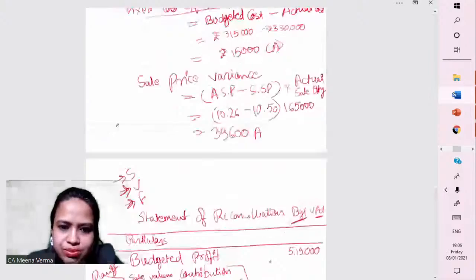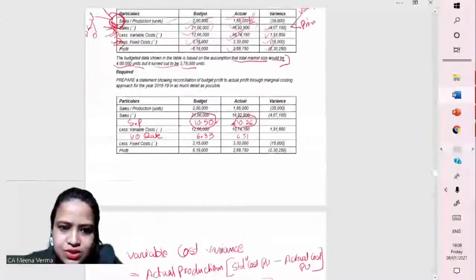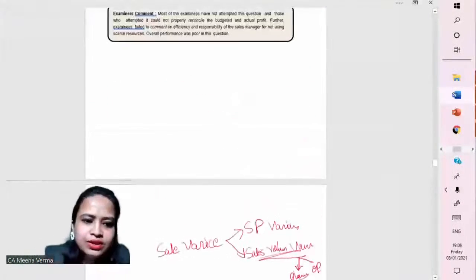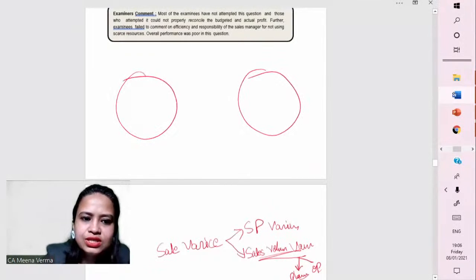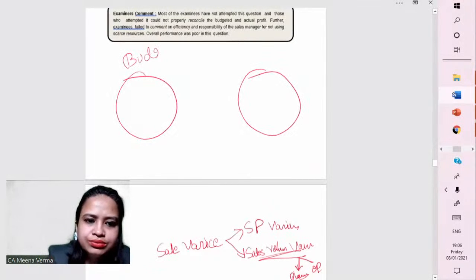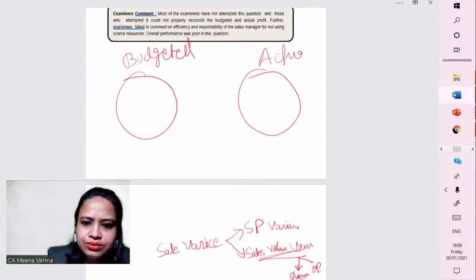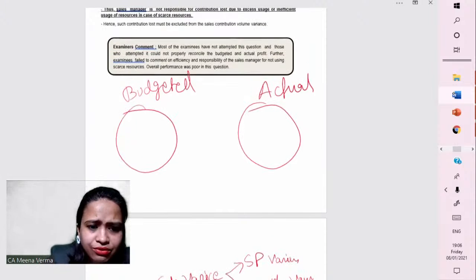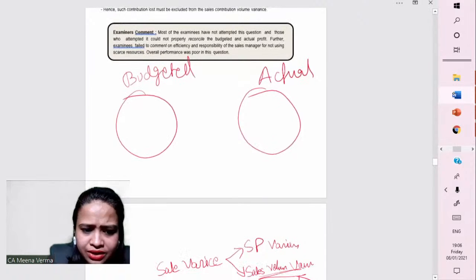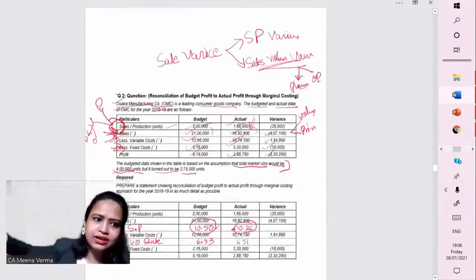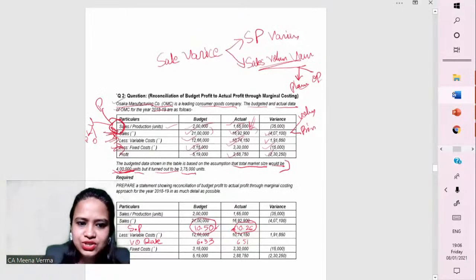What was the budgeted market share? See, this is what we have already discussed. This is the budgeted market, this is the actual market. We have already discussed the total sale in the market.